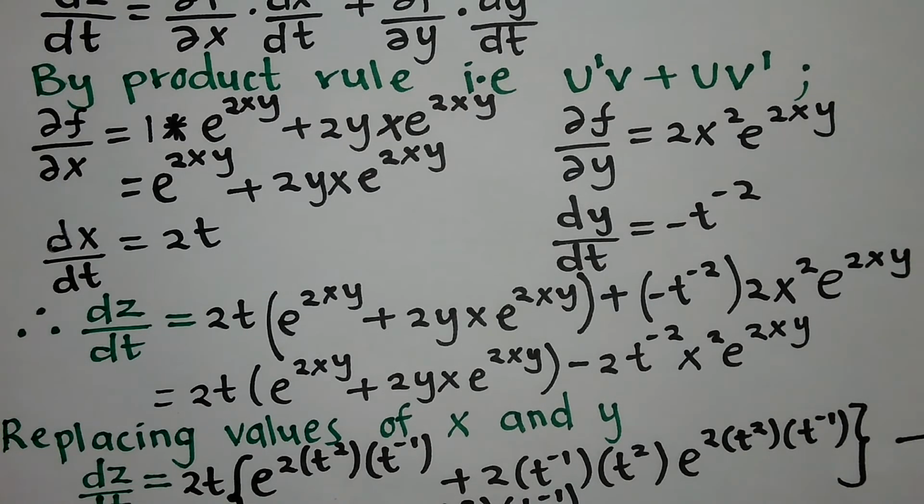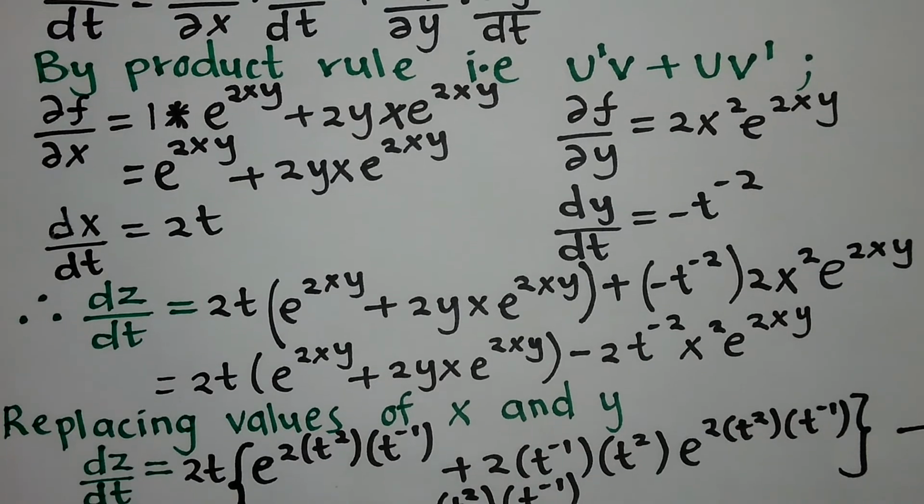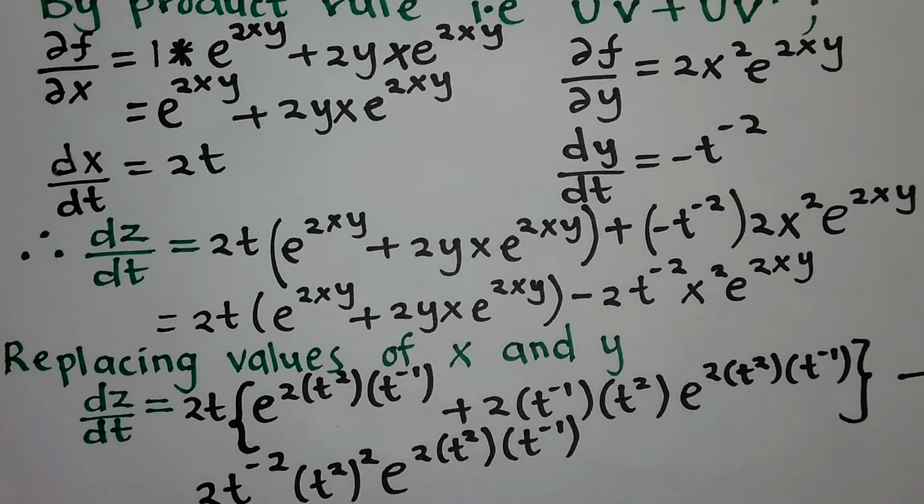And then we need to do what we call total differentiation. That means we have to replace the values of x and the values of y with the given values. That is, we were given x to be t squared and y to be the inverse of t. So we're going to replace those values.